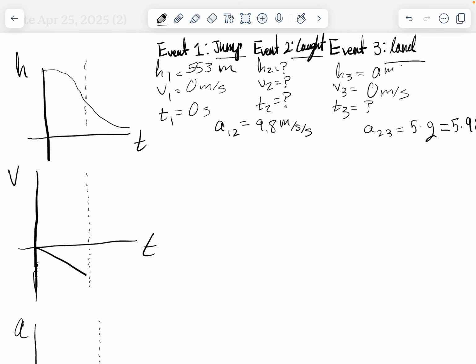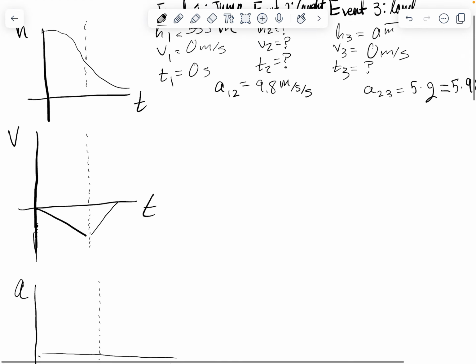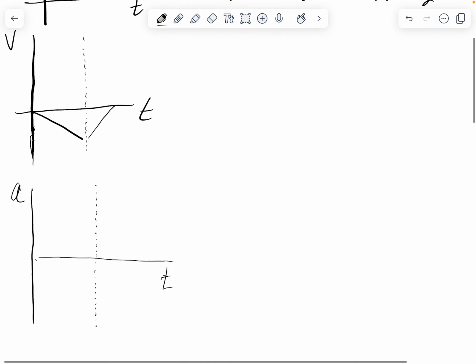And then they get caught, and then they start increasing until they hit 0. So he's pushing back on that velocity. We know that's A1 and A2. Next, acceleration: negative 9.8 meters per second squared here, and then about 5 times that positive, because they got to move at a positive rate in order to come back up.